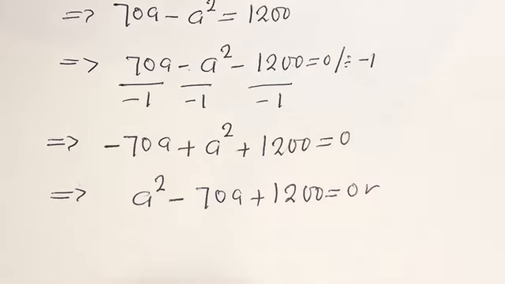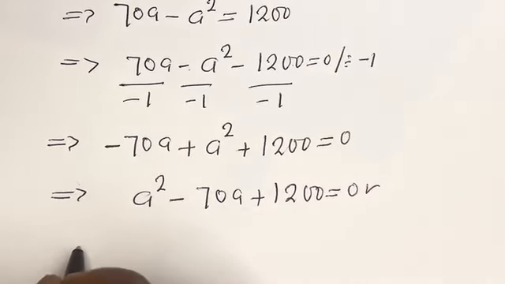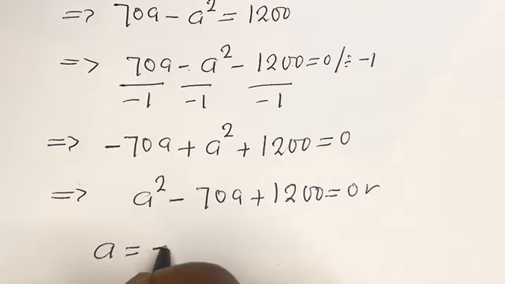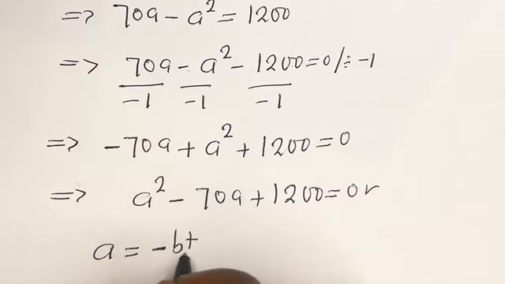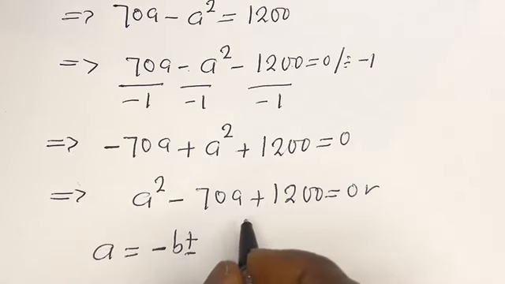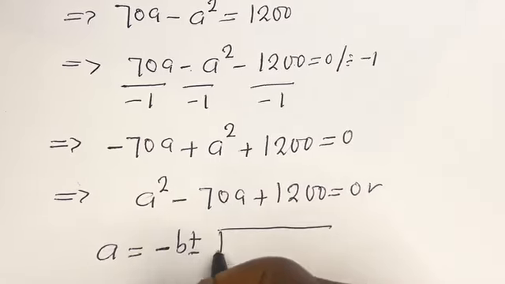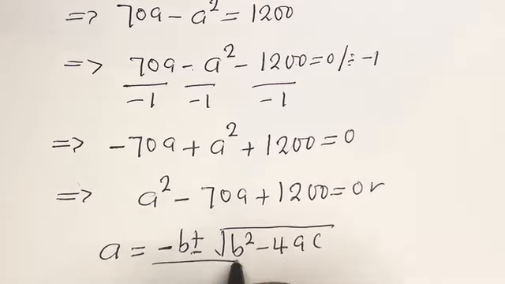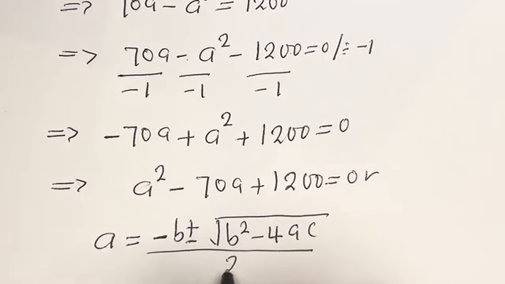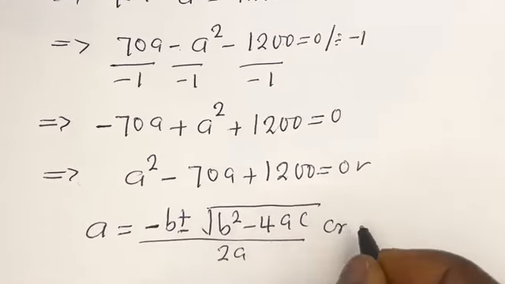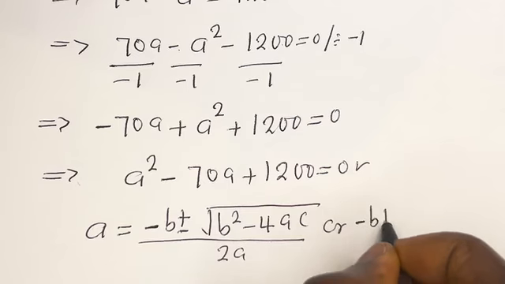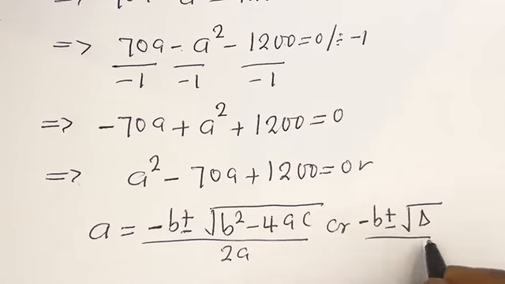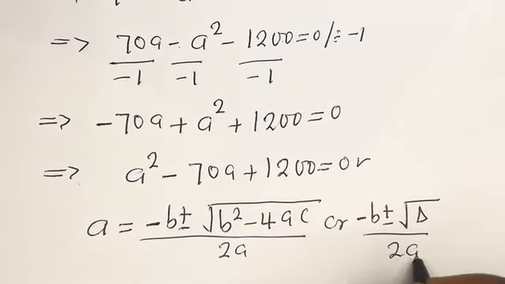This is a quadratic equation which can be solved using quadratic general formula. From the general formula, A is equal to minus B plus or minus square root of B square minus 4AC over 2A, or minus B plus or minus square root of discriminant over 2A.